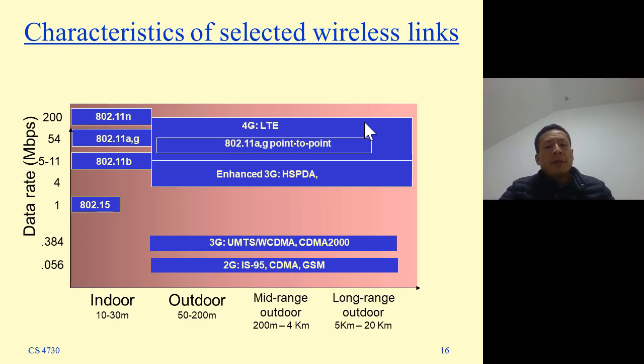So in this slide, we put some very typical wireless technologies and categorize them based on the x-axis, which is the range of the signal. From left to right, this goes from small range to long range. The y-axis is the data rate, so the higher it is, the faster the speed is.